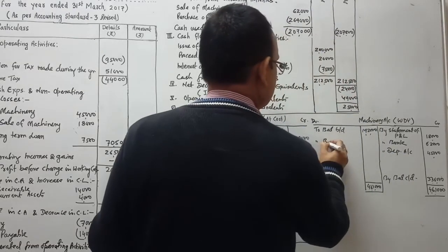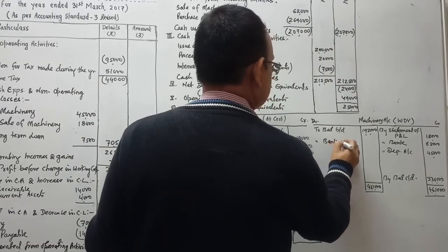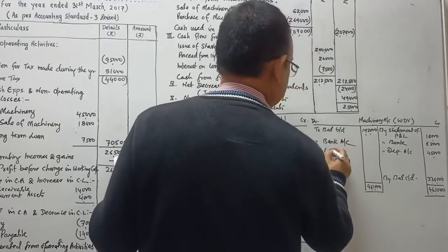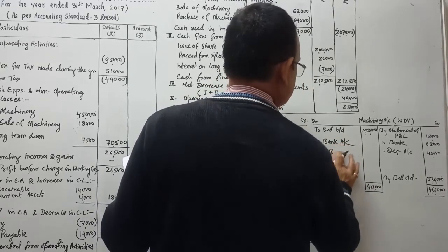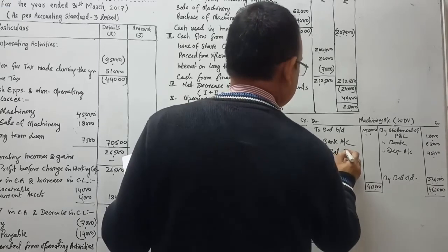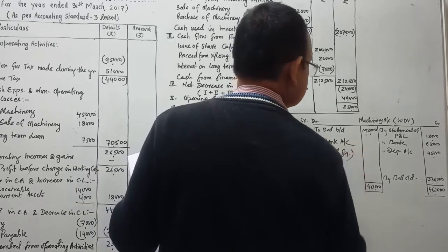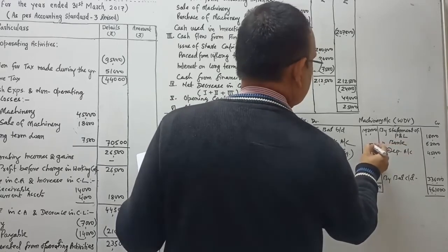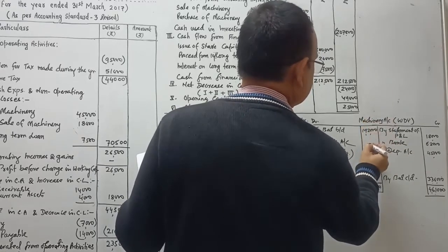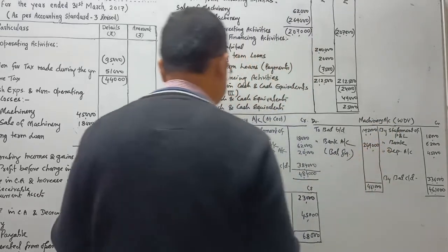So the difference amount will indicate the bank account. This is the balancing figure, bank account. So the balancing figure is how much? 2,69,000.